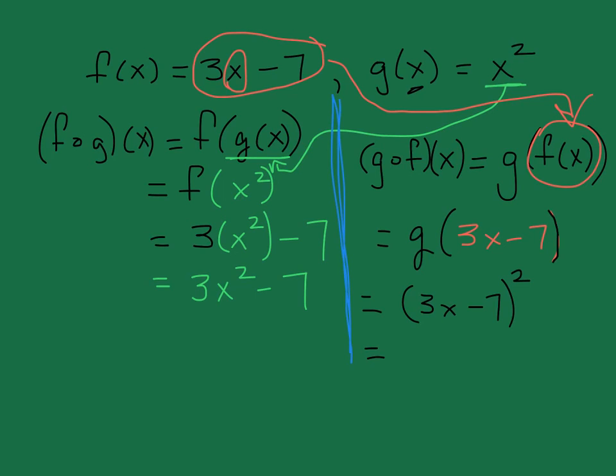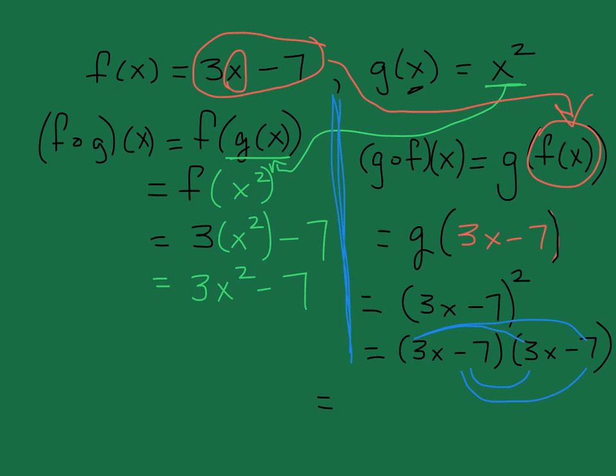Now we just need to multiply that out to simplify. So 3x minus 7 times 3x minus 7, and using the same process we did a couple of minutes ago on that other problem, we're going to take 3x times 3x, 3x times negative 7, negative 7 times 3x, negative 7 times negative 7.